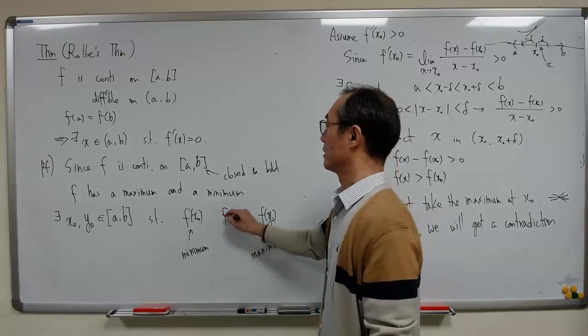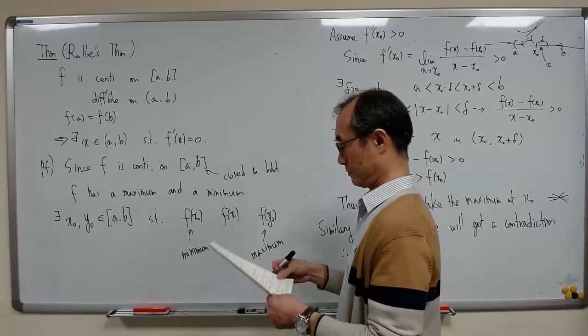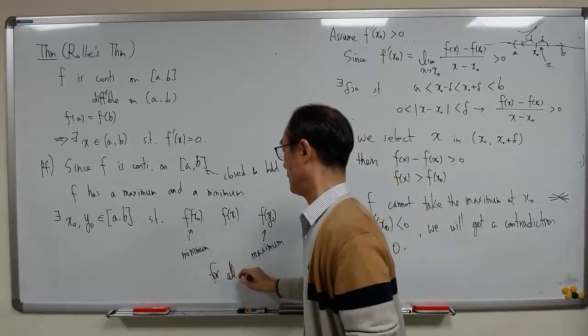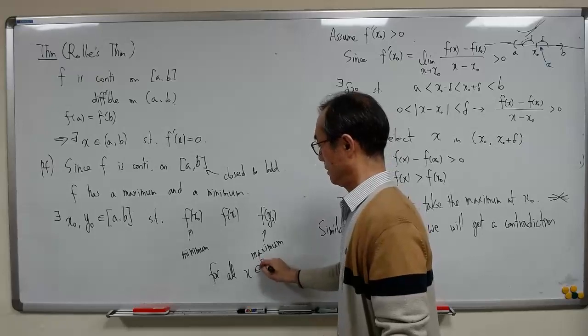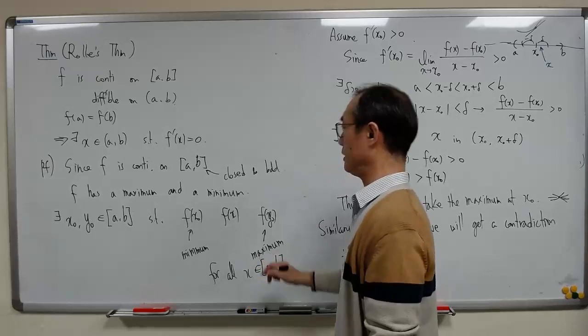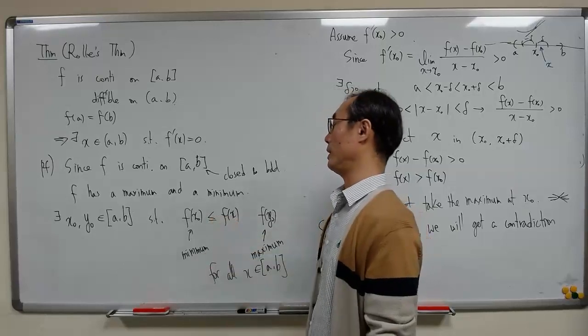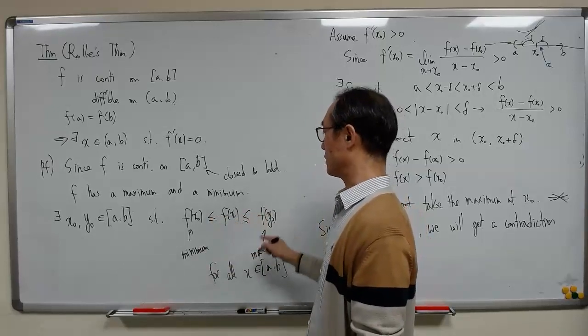That means for x in the closed interval from A to B, f of x is greater than or equal to the minimum value and less than or equal to the maximum value.